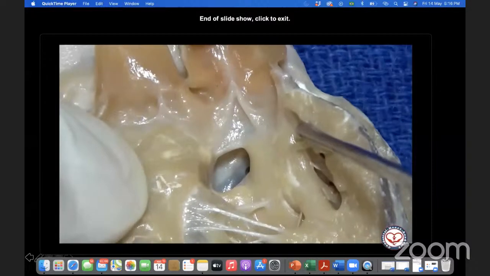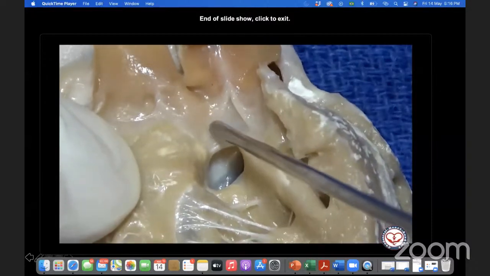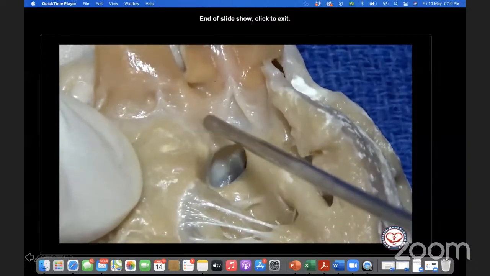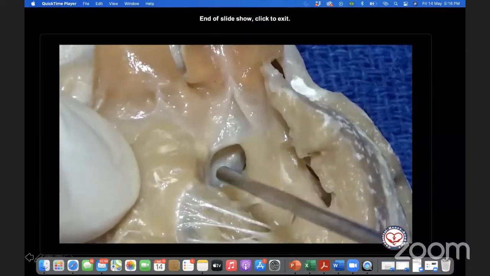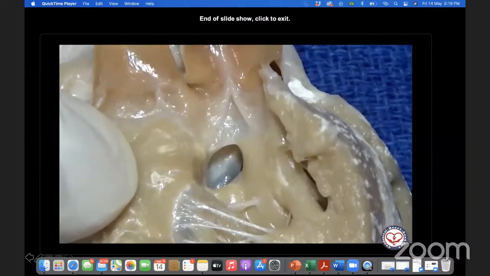At the roof of the defect, there is fibrous continuity between the aortic valve on the right and the pulmonary valve on the left.